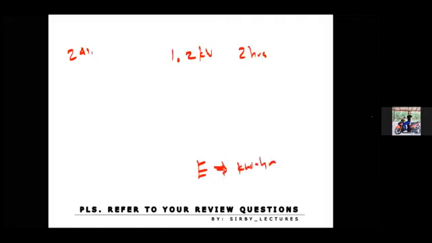Next item, 241, determine the monthly energy consumption of a farmhouse having the following appliances. Let's write in terms of kilowatts. So this is 1.2 kilowatts of electric iron at 2 hours. Recall that when we talk about electrical energy consumption, our unit would be kilowatt hour.